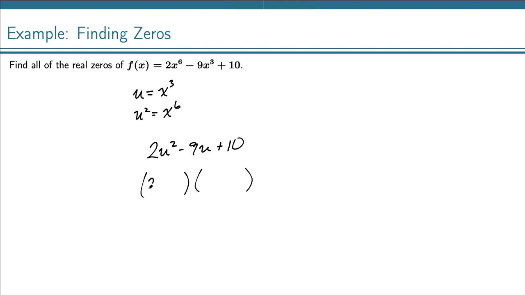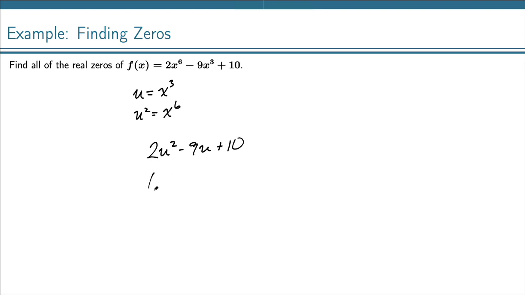We've got a 2u and a u, and I'm thinking minus 5. Oh, maybe it doesn't work. I don't think it does work. Let's use our quadratic formula. Oh no, I think it does work.